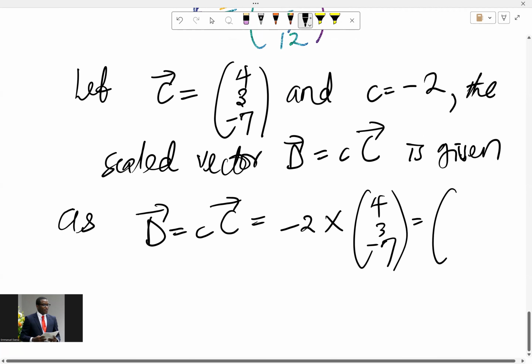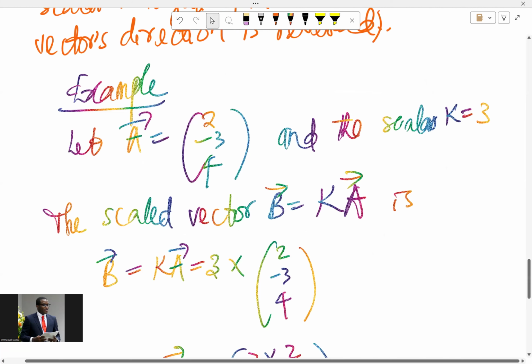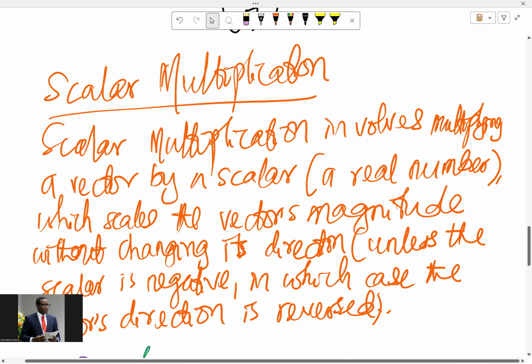We can straight away have minus 2 times 4, that's minus 8, and minus 2 times 3 is minus 6. Minus 2 times minus 7 is 14. So in this case, the magnitude has been doubled, but the direction of the vector is changed. So that talks about vector scalar multiplication.